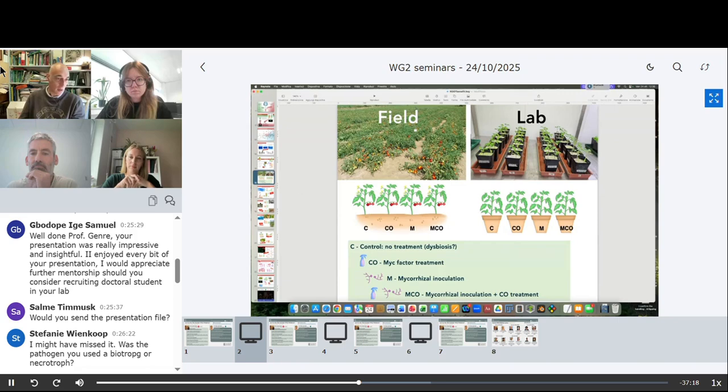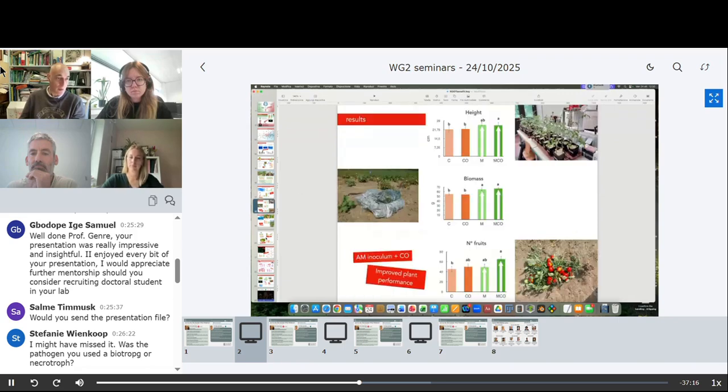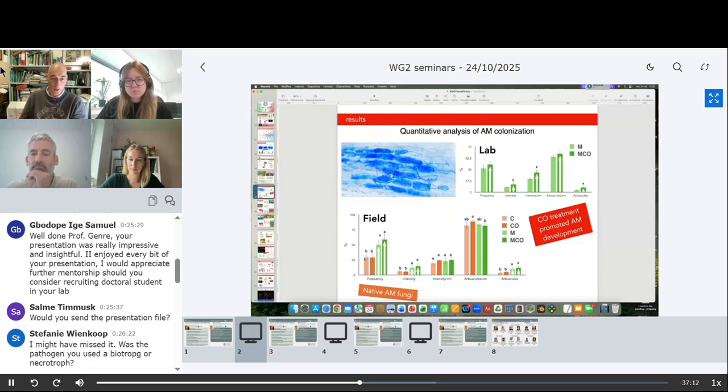We have a low level of colonization. Where was that? Yeah, here, 25% is not much. We normally have at least 50 or more. So probably that's the best they can do. And the CO treatment, which is stimulating the plant, not the fungus, is probably not doing enough for the native population.